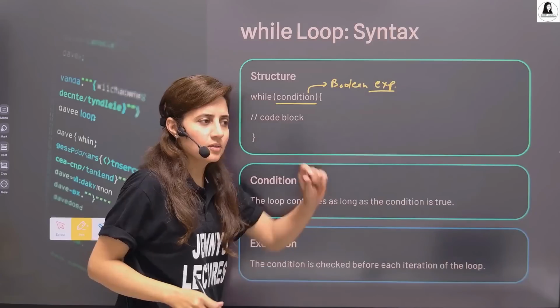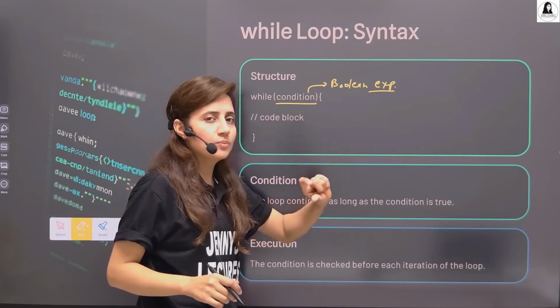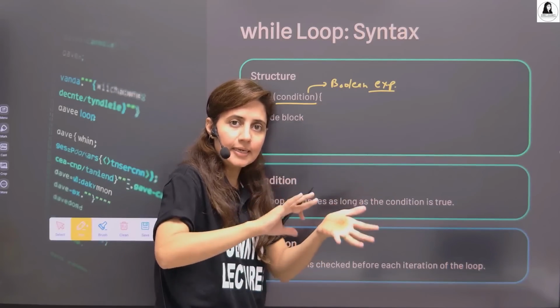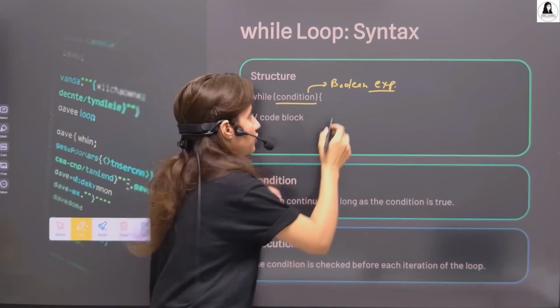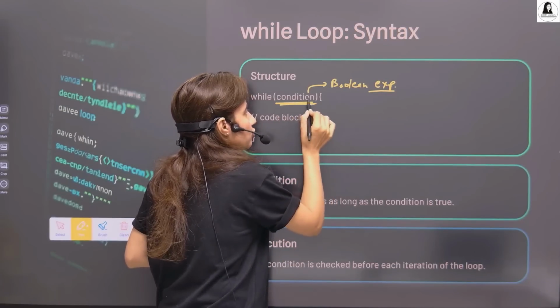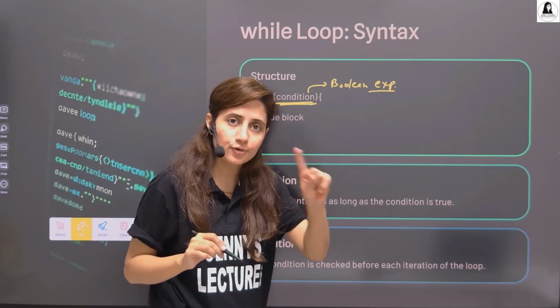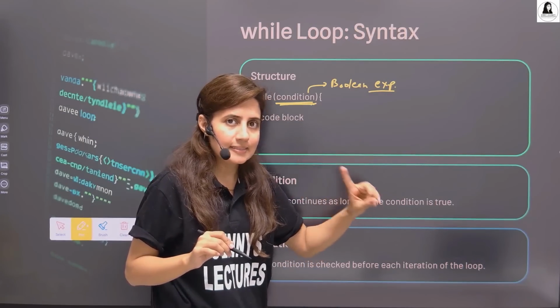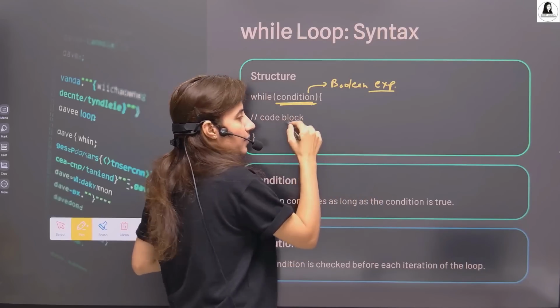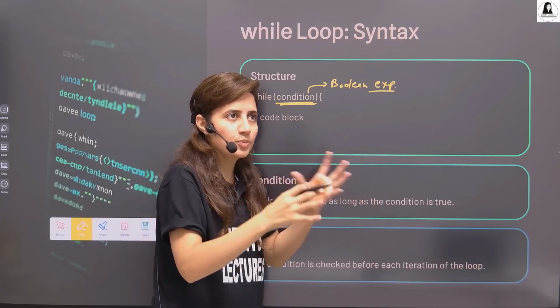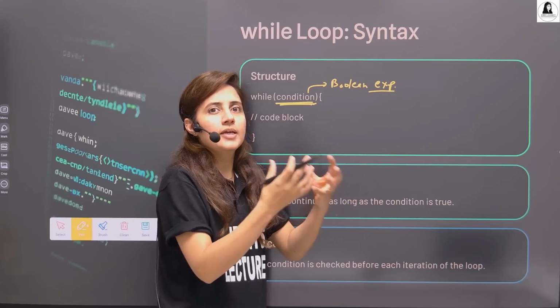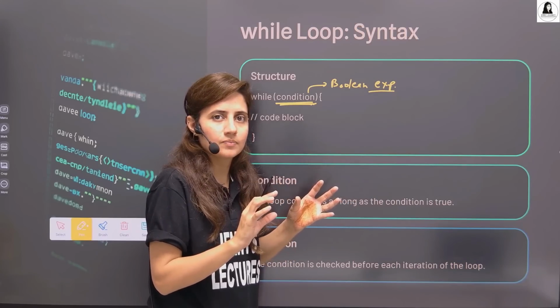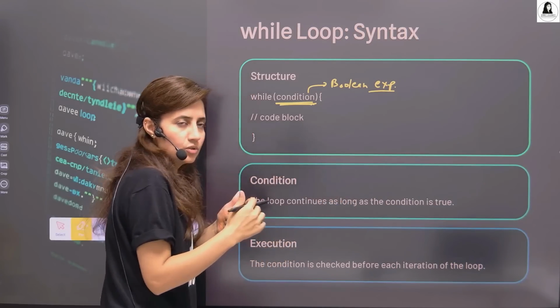Boolean expression means the expression that would be evaluated to either true or false. So this condition should always give boolean values, either true or false. Nothing else is allowed. If you write anything else here, some int or an expression that will evaluate to an int value, then you will get an error, right? I'll show you this thing also, don't worry.